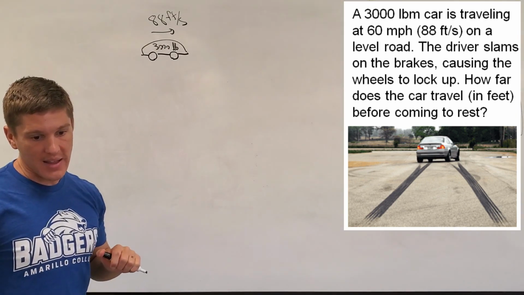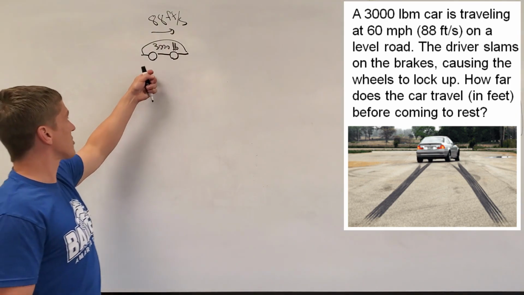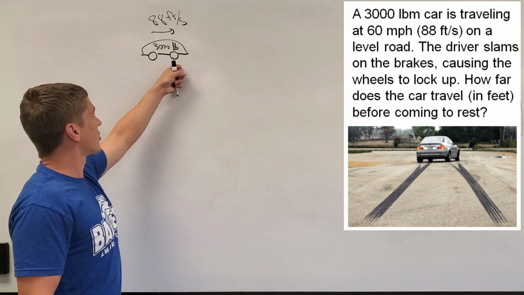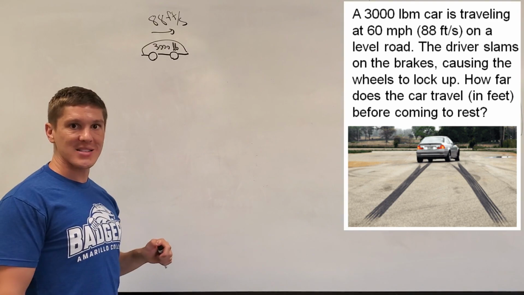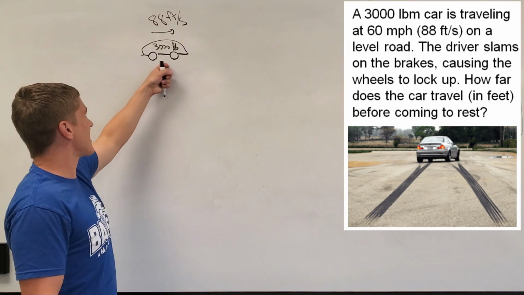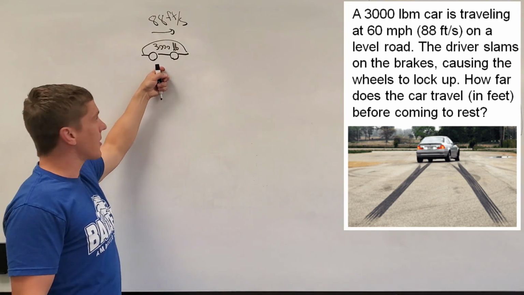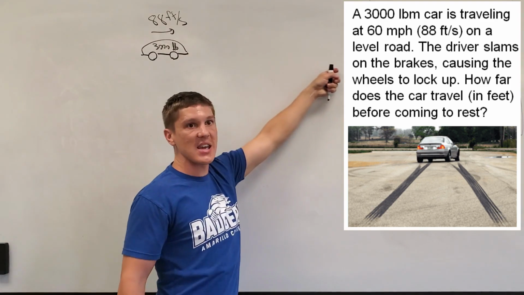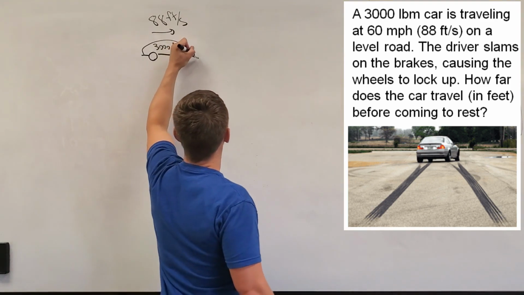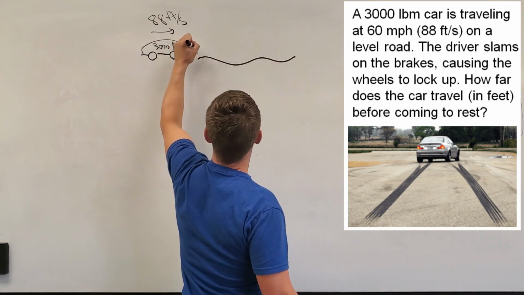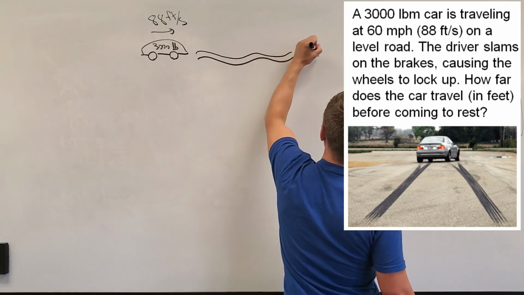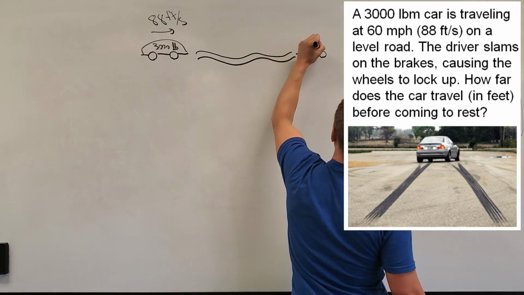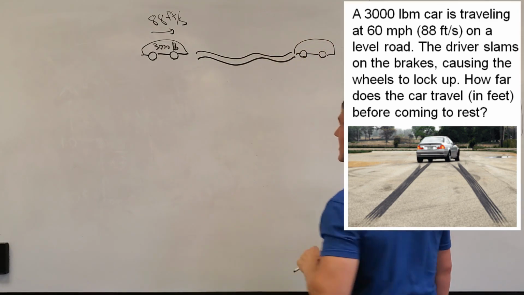Now it's on a level road, and the driver slams on his brakes, and he causes the brakes to lock up. And what that means is that the wheels just stop turning, and he starts to skid down the road. Here are my skid marks left by the car until he finally comes to a stop at some distance later.